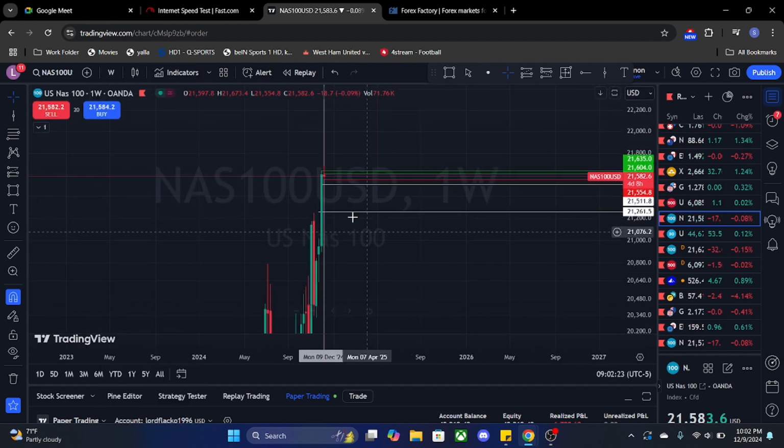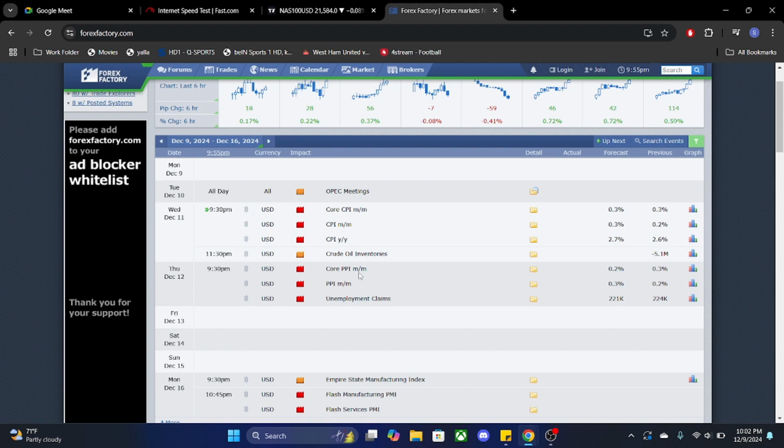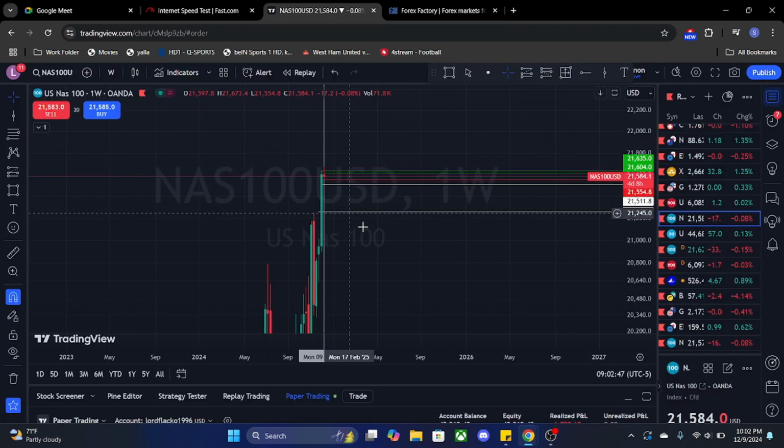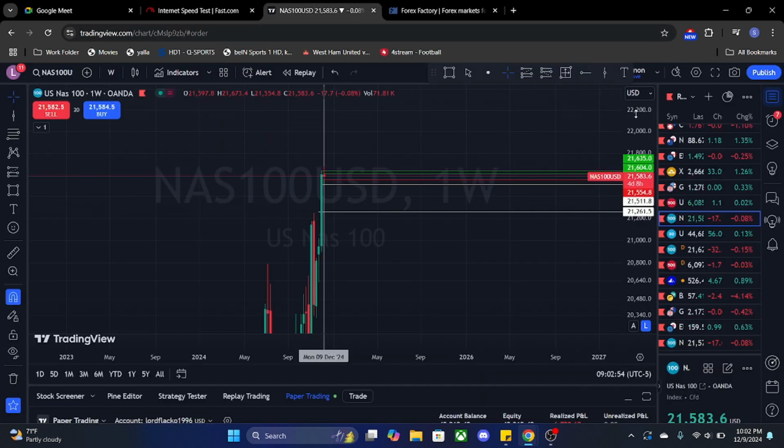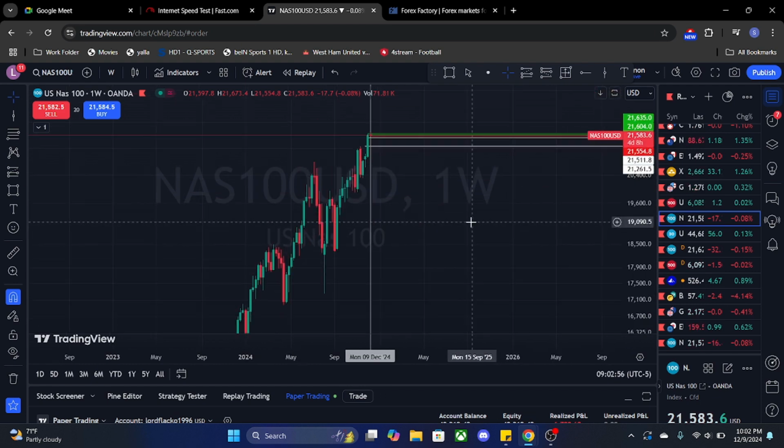So this is where I'll be looking for a test, at least this week, because we've already made a huge movement going longer. So I'm anticipating some kind of retracement during this week, and if there is a continuation in the third week of this December, I can also look for it. But if not, then I can look at how the year will actually close.